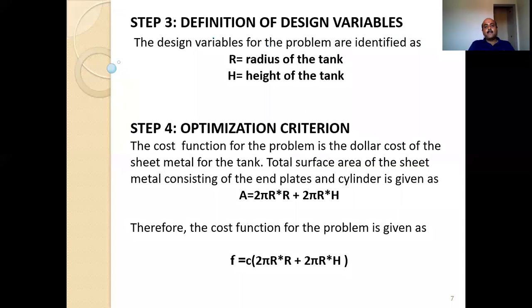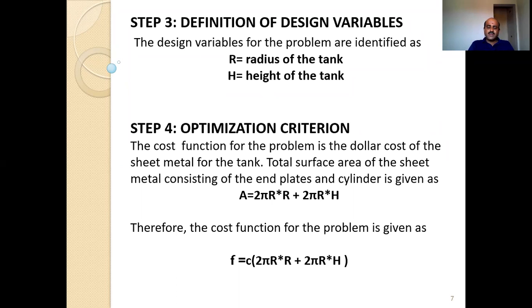Step 3, definition of design variables. Same thing, the design variables for the problem are identified as R and H. In yesterday's class, that's what I was talking about, the deviation from the previous problem. There we had taken diameter as the design variable, and here we are just changing it into a radius.